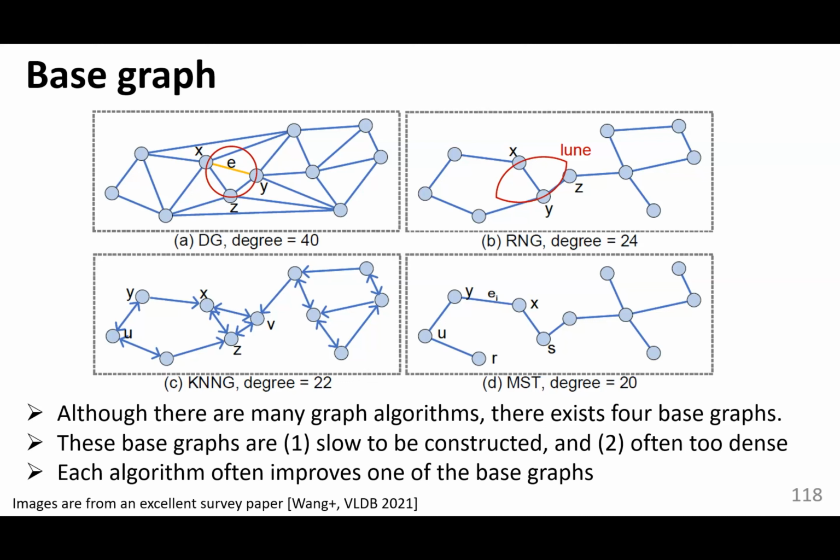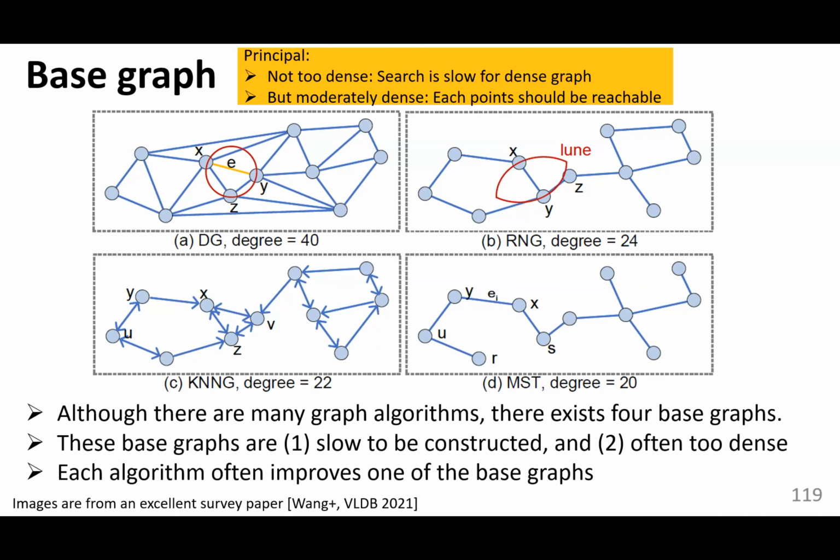Anyway, let's go. Okay, the principle here is that the graph should not be too dense. If it's too dense, the search is slow because we need to move many times, right? But it should be moderately dense, because each point should be reachable.